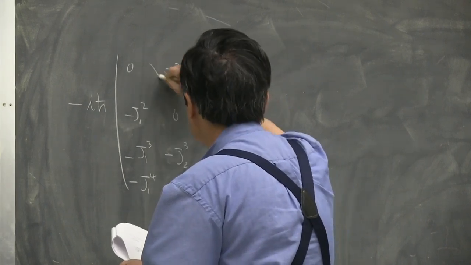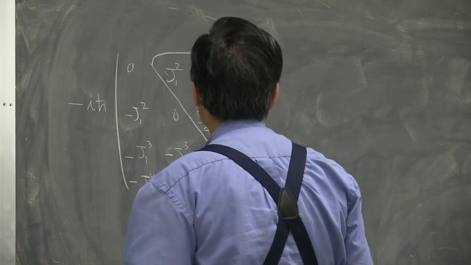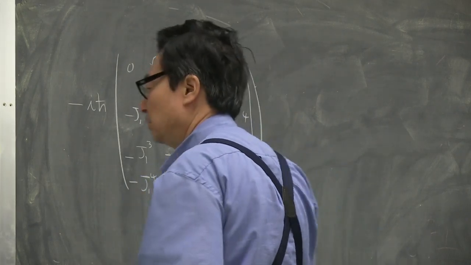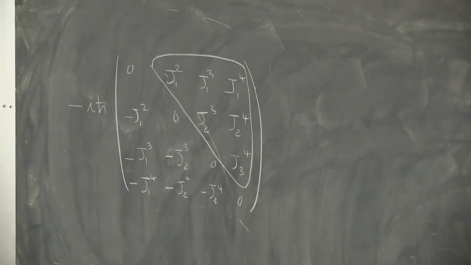So the only independent elements are these 6. Each of them can be thought of as a vector or as a matrix or whatever, okay?